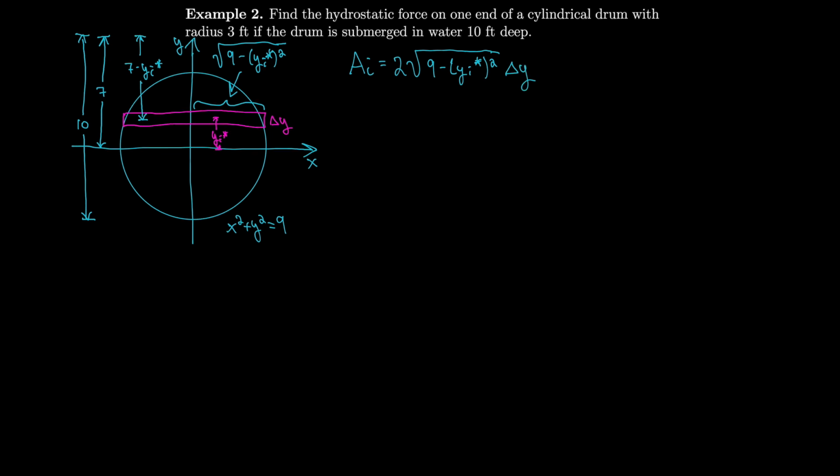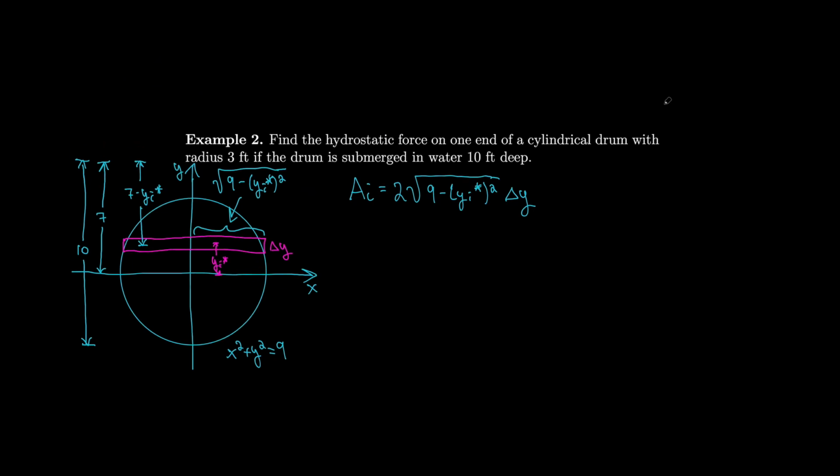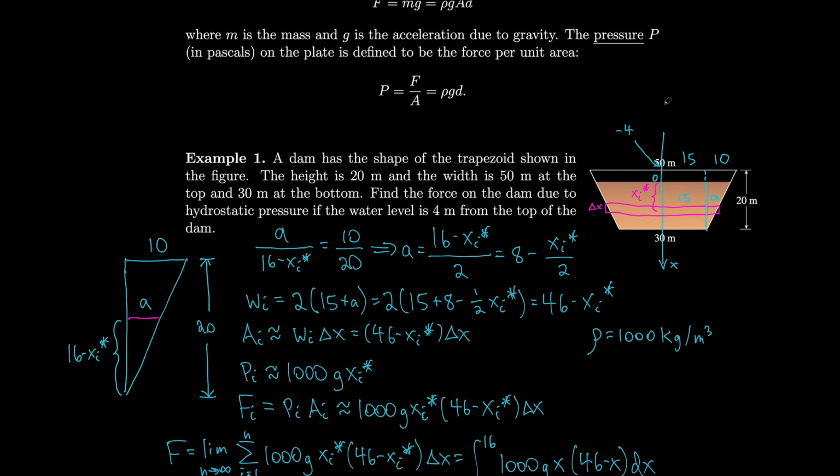Now I need to find the pressure on the ith slab that I've cut over here. So let's go back to our formula for pressure. Remember that that's rho times g times d, where rho is the mass density and g is the acceleration due to gravity. I could rewrite this as delta times d, where delta is the weight density and d is the depth.